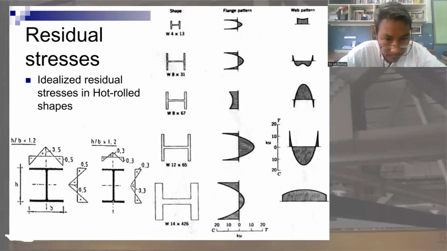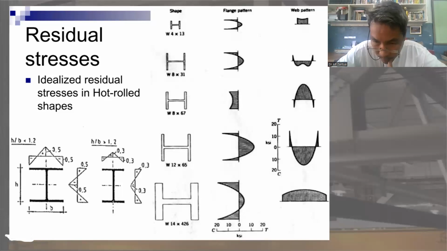Positive is tension, so this is tension and this is compression. Compression at the center, tension on the outer web. While here, the center is tension, with compression at the edge of the flange.